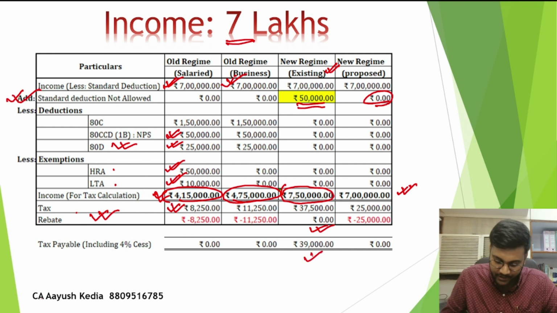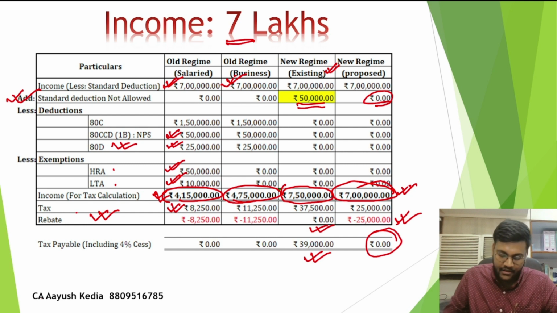Therefore, no rebate has been provided and the tax comes to 39,000 rupees. But under the new proposed regime, the 7 lakh income is given full rebate that has been discussed in the budget, and therefore 25,000 rebate has been provided and zero tax is given here. So this was the 7 lakh discussion.